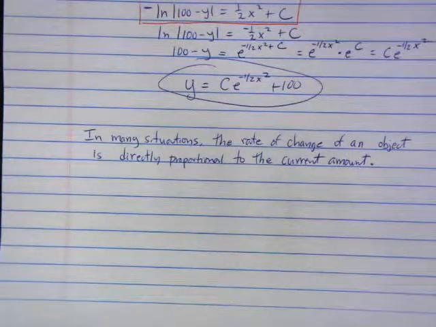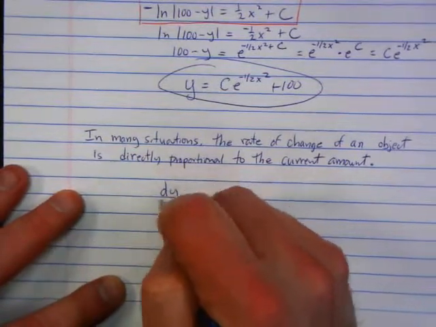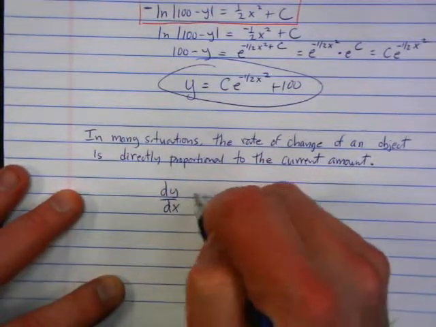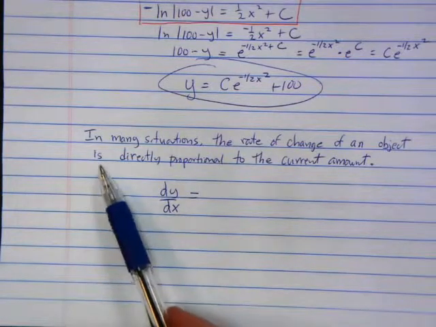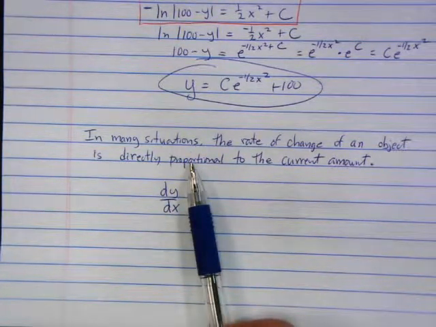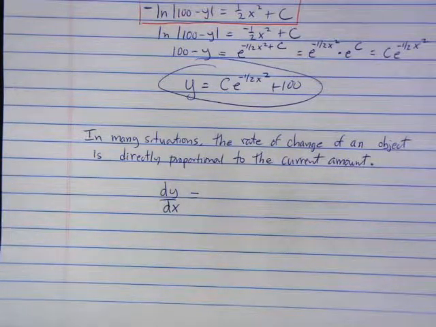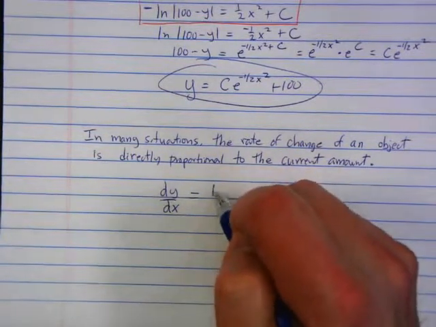Rate of change. What's a symbol for rate of change? dy dx. That's the derivative, dy dx, equals directly proportional to the current amount. What does directly proportional mean? Typically we use k here.